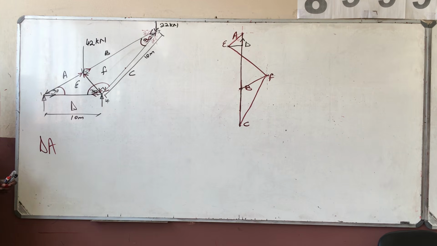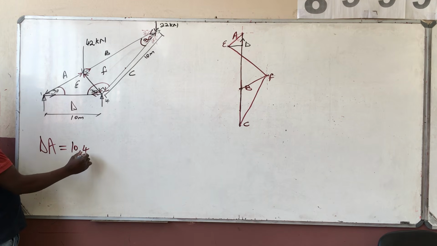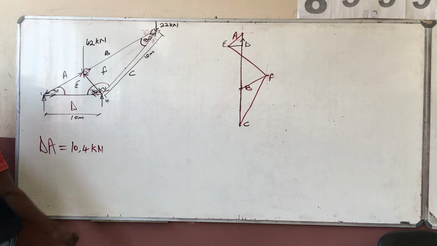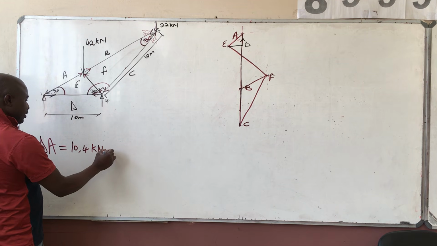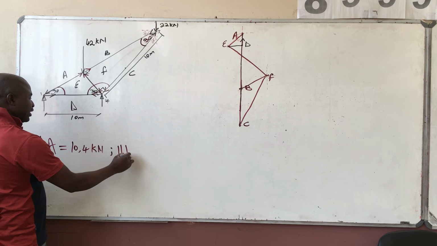What will be the magnitude here? What do you get when you measure? You get exactly 10. 10.4 kilonewton. It was 11. 11 kilonewton.